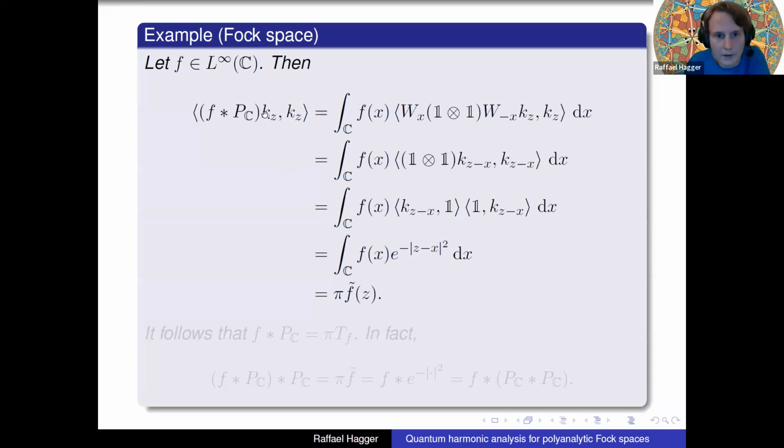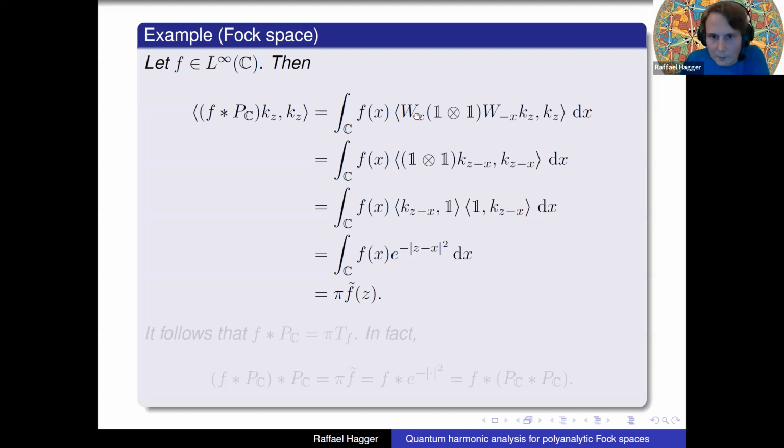So I have to take some functions here, and why not just take the normalized reproducing kernels, because that will give me the Berezin transform. And once I know the Berezin transform, I know what the operator is, because the Berezin transform is injective.